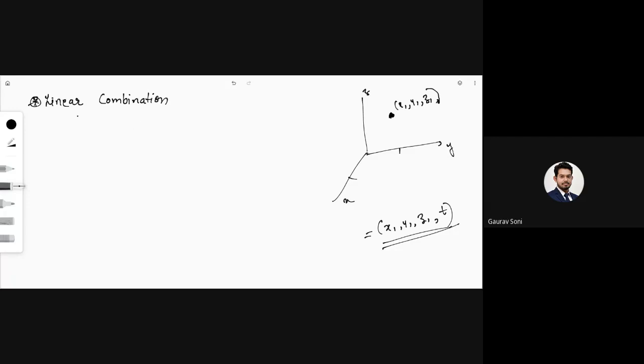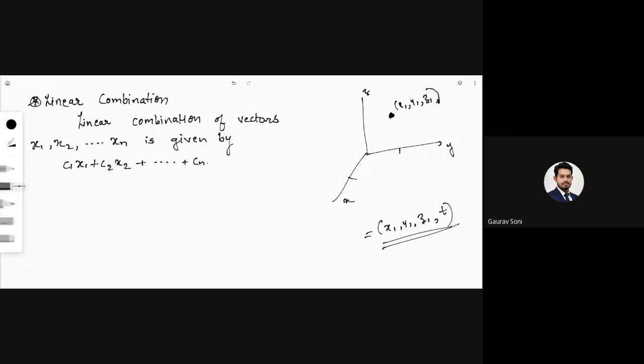A linear combination of vectors x1, x2 up to xn is given by c1 x1 plus c2 x2 plus up to cn xn, where c1, c2 to cn are constants.